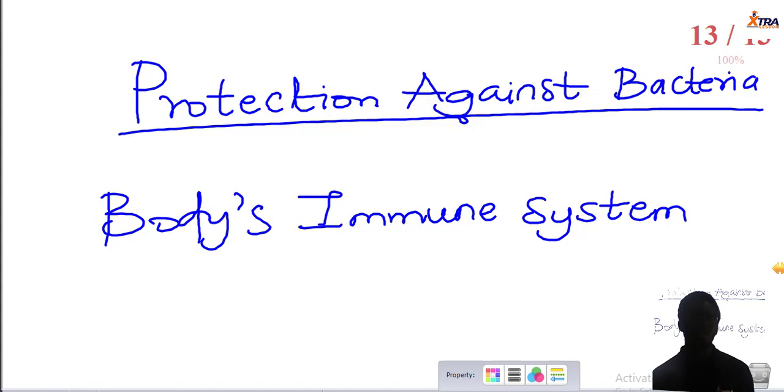Once the body recognizes it, because it's a foreign invader, it triggers actions that eventually lead to the bacteria being phagocytosed, that is, consumed by these cells of innate immunity: the natural killer cells, the neutrophils as well as the macrophages. So they see it, they recognize it, they pick it, they consume it, and intracellularly they destroy it.